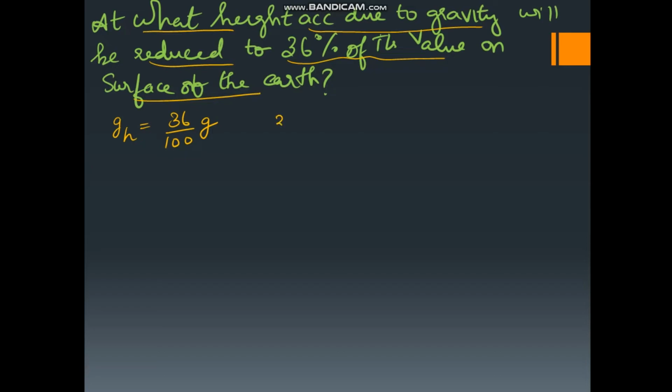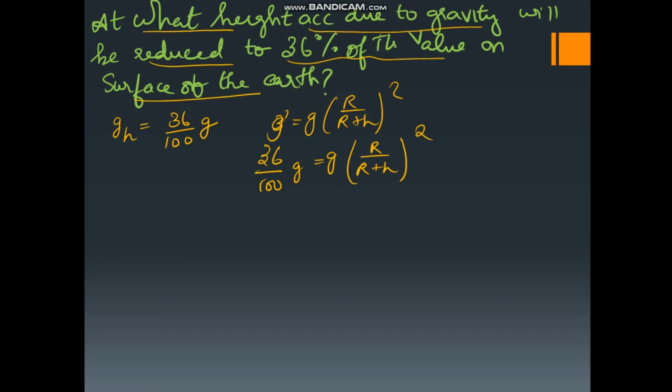We know the formula, g dash is equal to g into (R by R plus h) the whole square. So g dash is 36 by 100 g, which is equal to g into (R by R plus h) the whole square. So g and g get cancelled, and if I take the square root on both sides, then 6 by 10 is equal to R by R plus h.